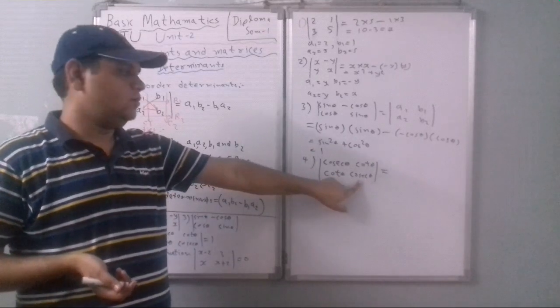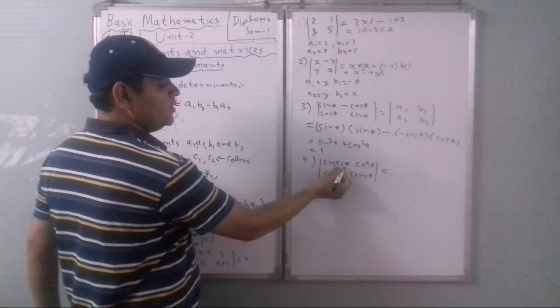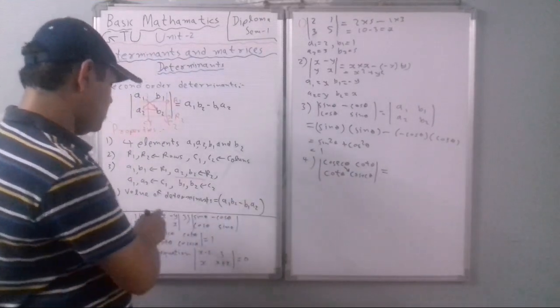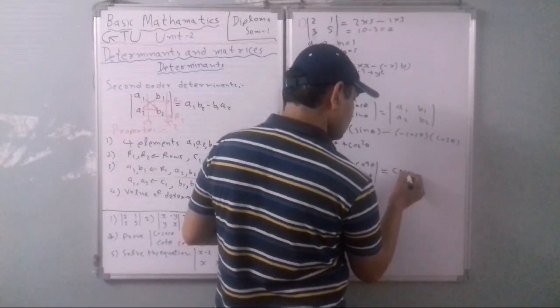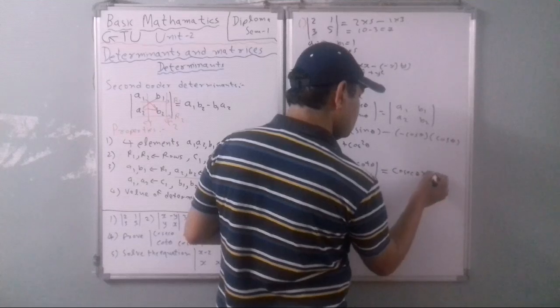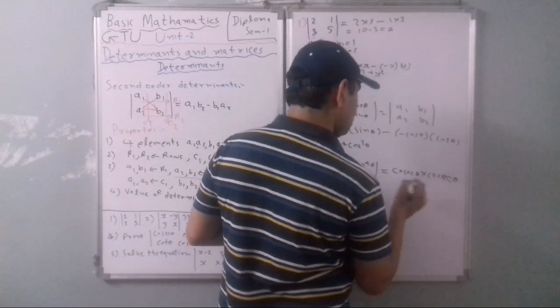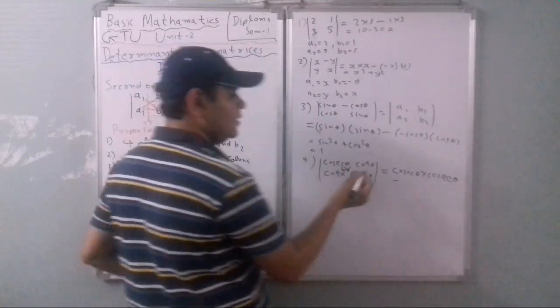For finding this, cosec theta into cosec theta, minus cot theta into cot theta.